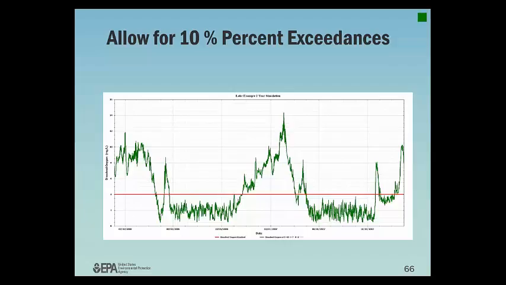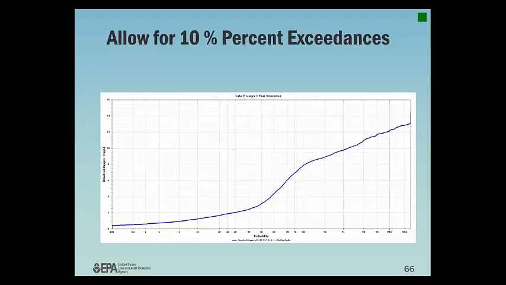So if we take our current example here prior to doing load reductions and we do a probability distribution, we'll see that it exceeds the 4 milligrams per liter about 58% of the time. So ultimately, when we do our load reductions here, we would have to reduce the model loadings until the DO line became above the 4 milligram per liter at the 10th percentile.